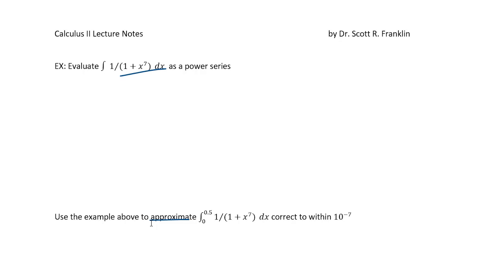Okay, so let's do the integral, this is just an indefinite integral of 1 over 1 plus x to the 7th as a power series. So it looks like this, integral dx. So treating this as a power series, in our geometric series, we're going to let our ratio be negative x to the 7th.